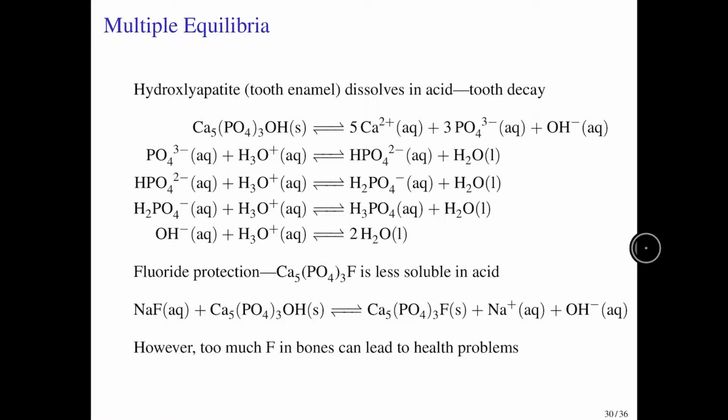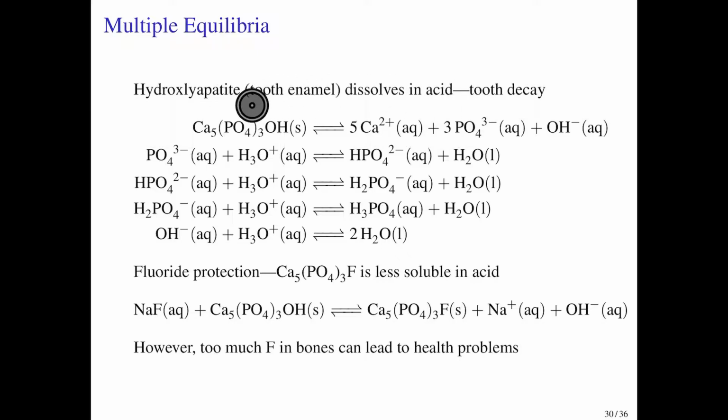So here's another example more relevant to our own health. Here we have the main mineral involved in tooth enamel. We have calcium ions, phosphate ions, hydroxide ions. This is generally very insoluble, but of course it does dissolve a little bit. So you'll have these ions in equilibrium with the tooth enamel.